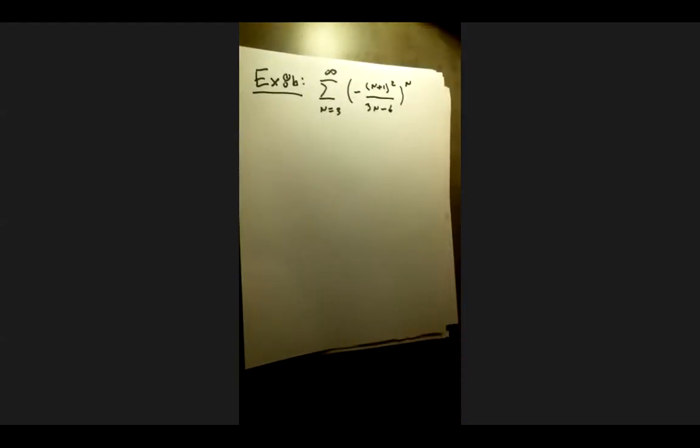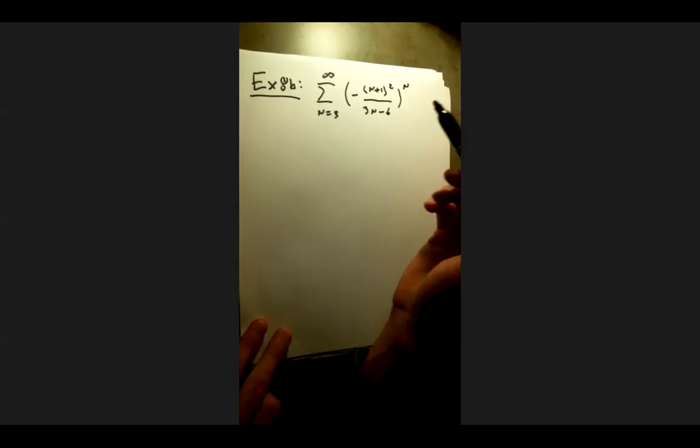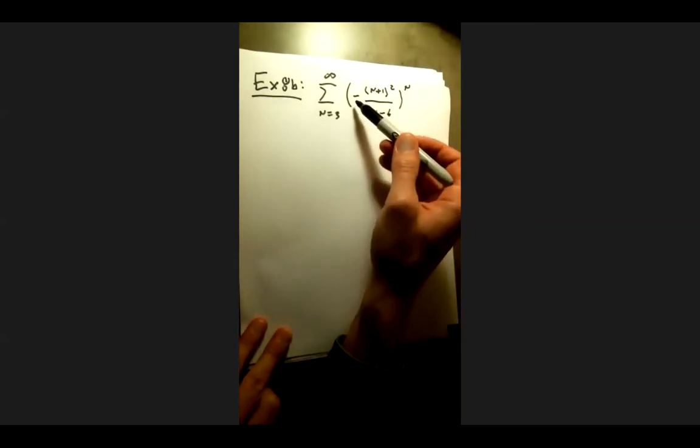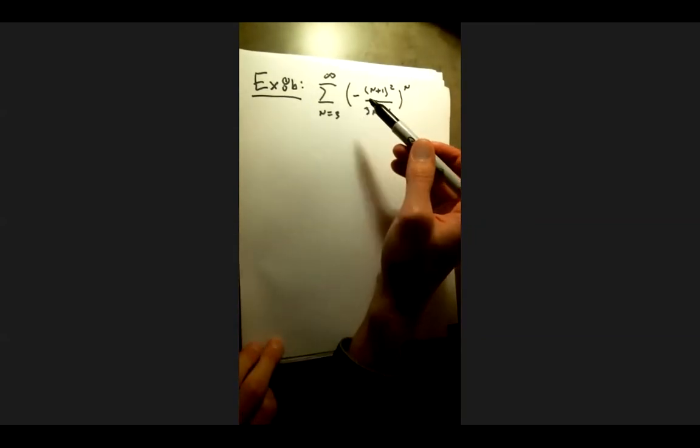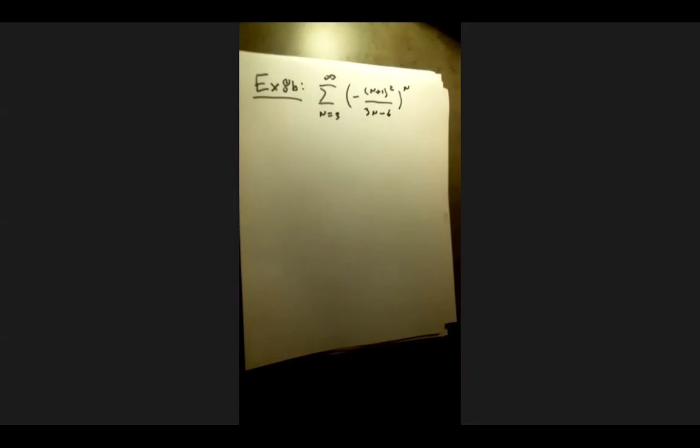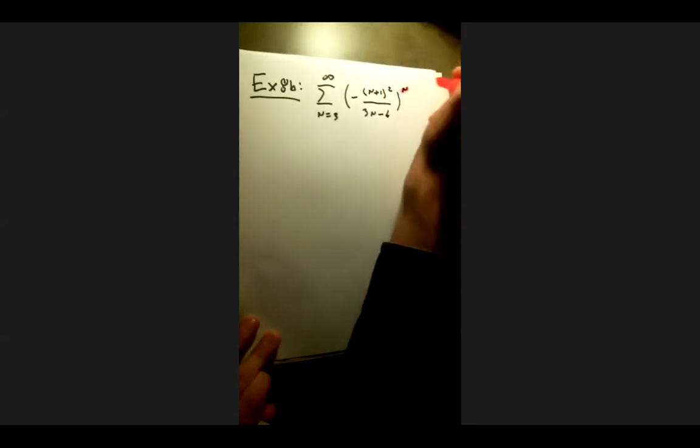All right, let's look at one more example. So here we do have the negative in the summation. We still have the nth power, so the nth power tells us to use the root test.